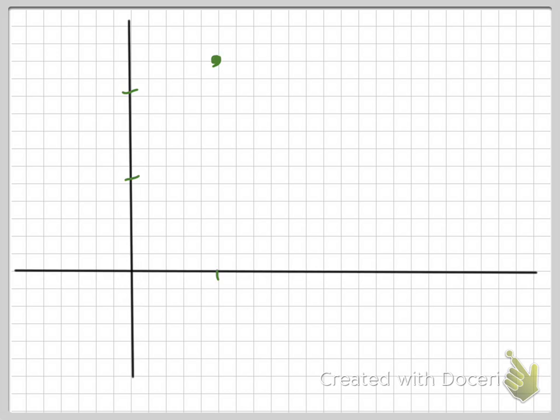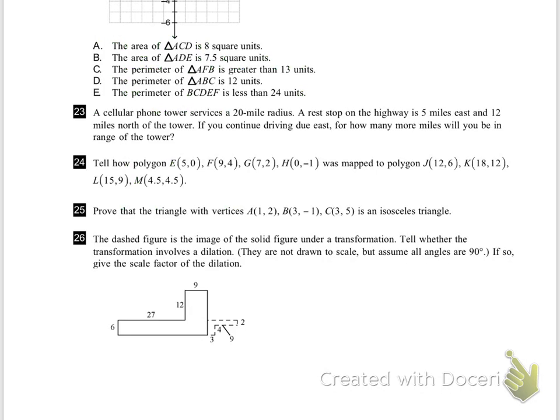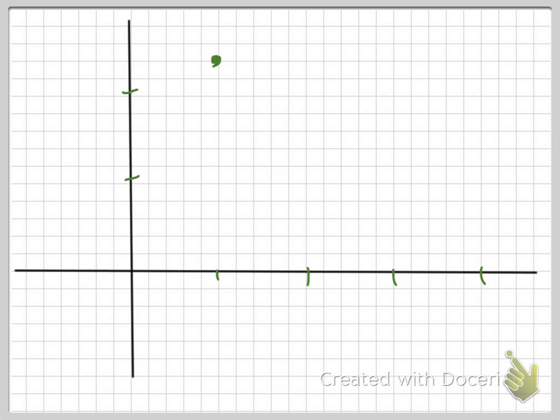Okay? So the radius of the circle is 20 miles. We want to continue driving due east.